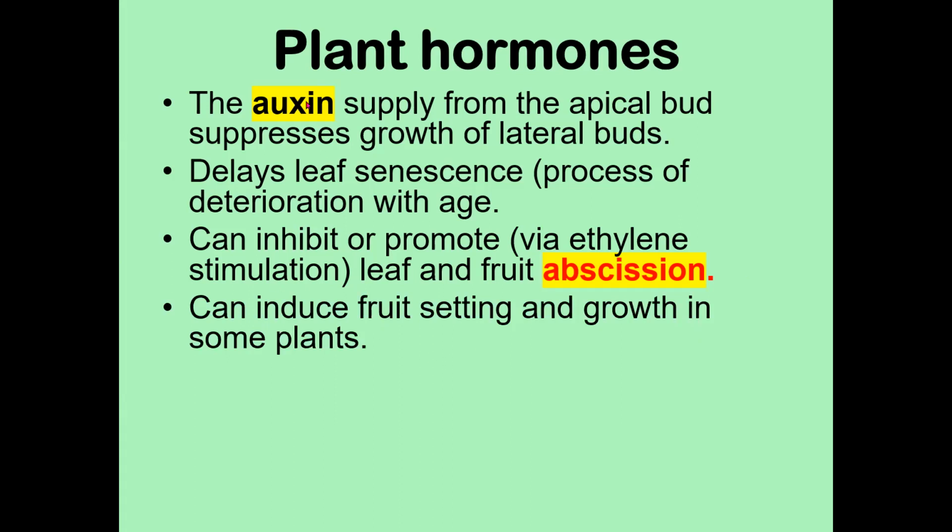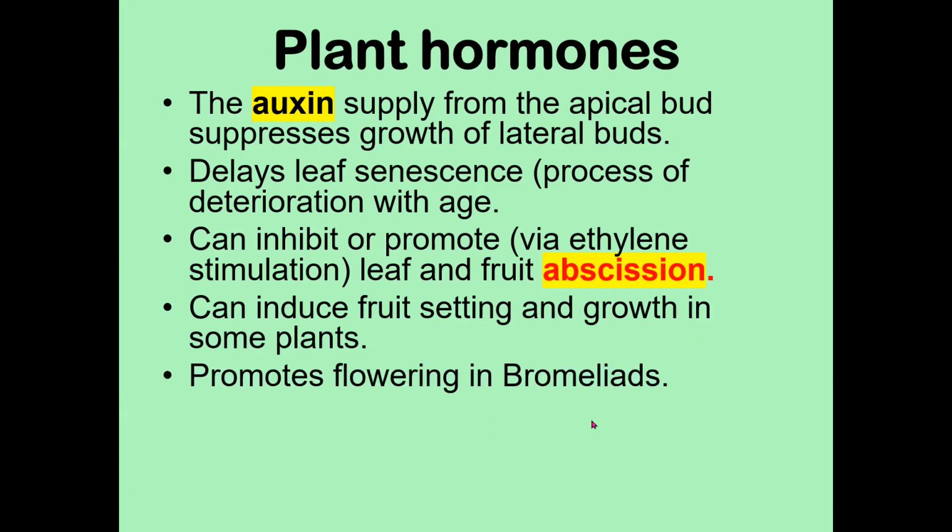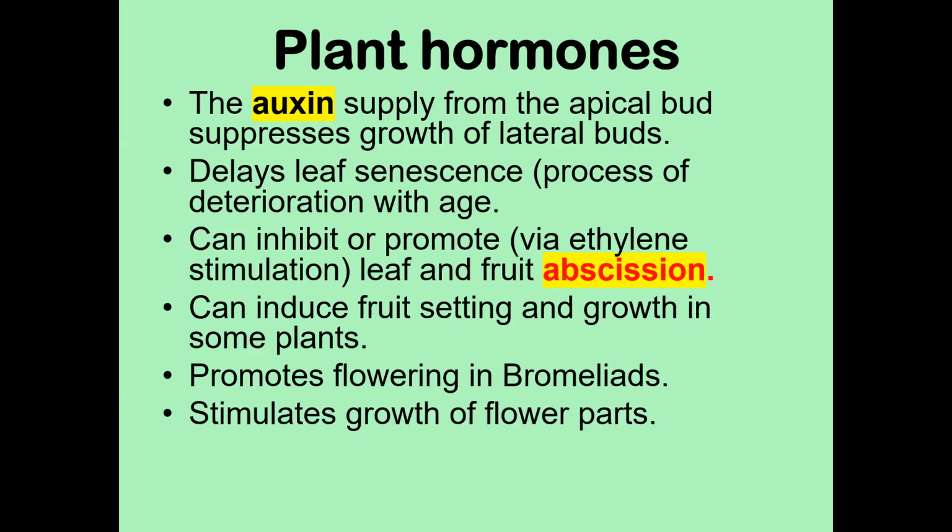So auxin also induces fruit setting and also growth in some plants. Different plants have different mechanisms, and it promotes flowering in bromeliads. You know, bromeliads are plants that store water, like in a little dam down the bottom. It stimulates growth of flower plants.